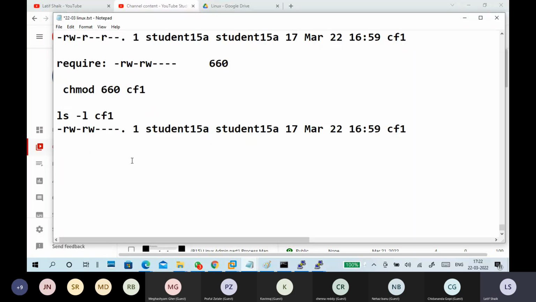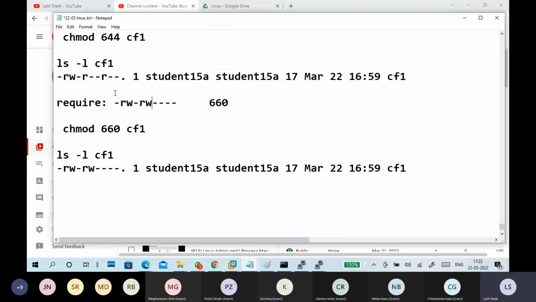Here in this one, we are not adding any permission or removing any permission. We are changing the complete set of permissions. If you want to add write here and remove read there, two things we can't do with a single command in symbolic mode, so that's a little difficult. This is pretty straightforward.